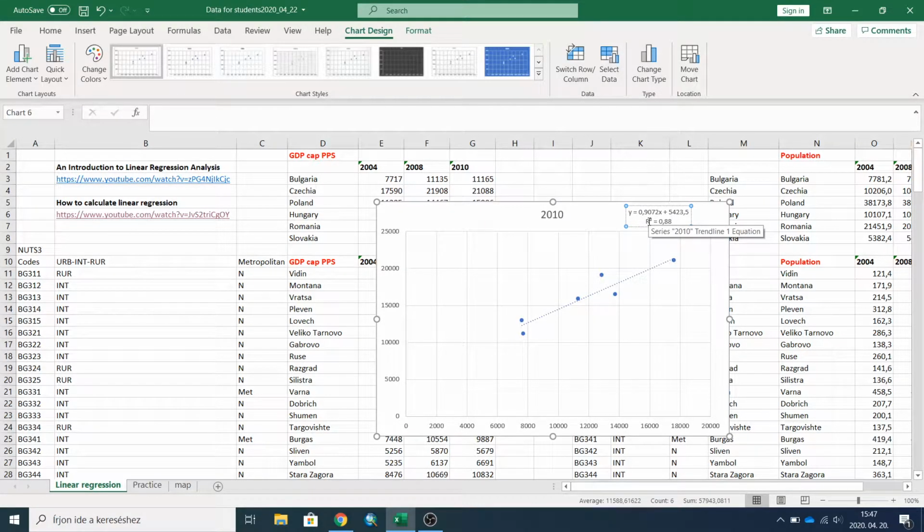So if you see above 0.5 or above 50%, this is a moderate connection, causation between the independent and dependent variables.